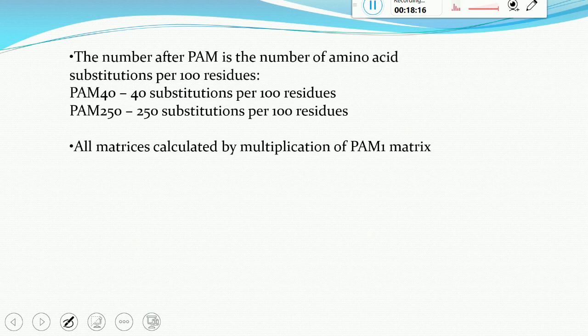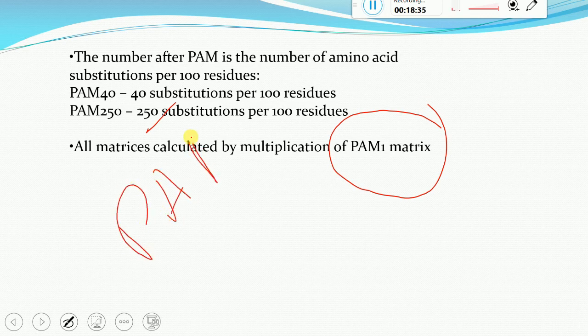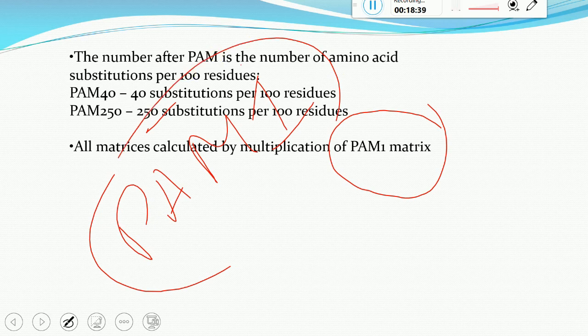PAM250 is also the same thing, 250 substitutions per 100 residues. All matrices are calculated by multiplication of PAM1 matrices. So if someone has to calculate a PAM40 or PAM1000 matrix, they won't be calculating the PAM1000 matrix directly. They will be calculating only PAM1, and then they will multiply it 1000 times to calculate the PAM1000 matrix.